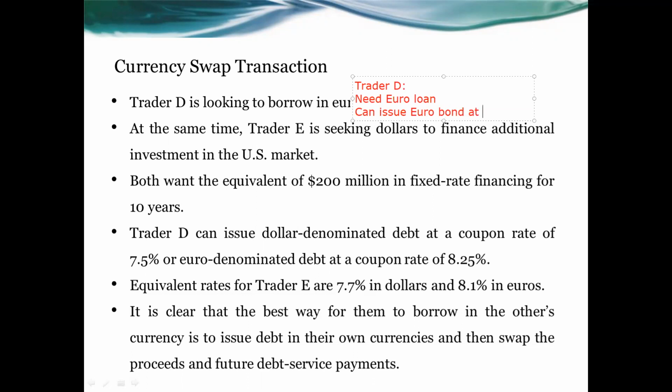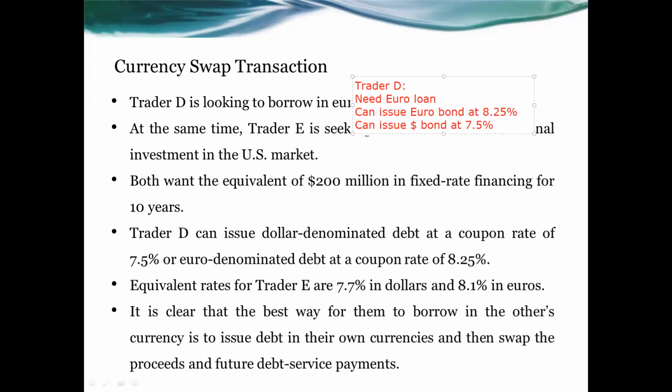At what rate? He can issue a euro denominated bond at a coupon rate of 8.25%. He can also issue a dollar bond, or dollar denominated bond. At what rate? At 7.5%.